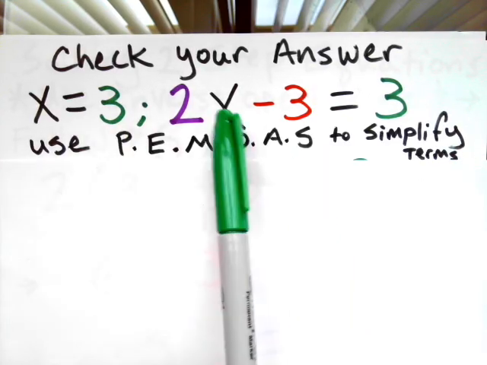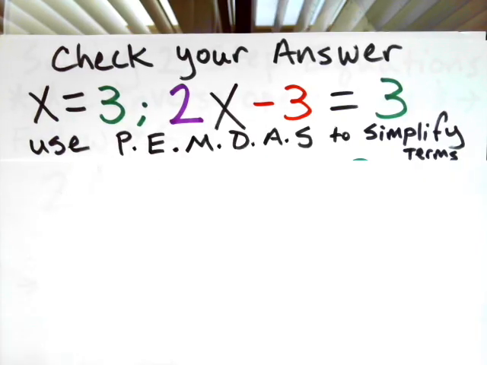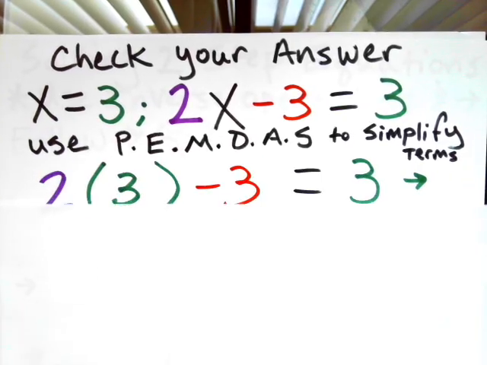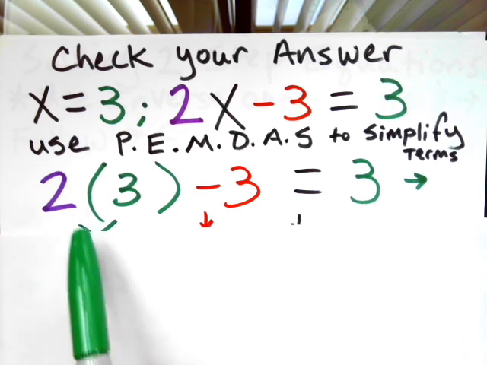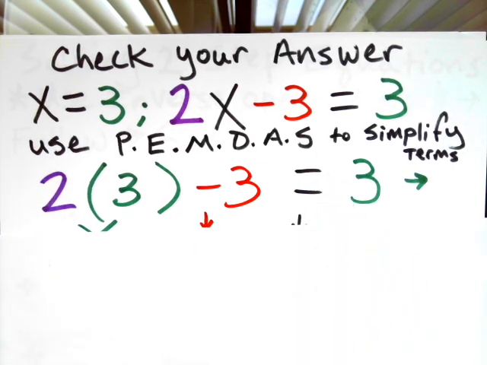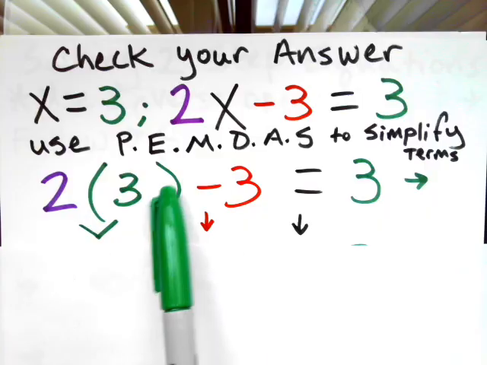So I'm going to substitute that 3 everywhere I see x, right? Because x equals 3. And if x equals 3, I can substitute that value. And now I follow PEMDAS just to simplify. So when you're simplifying terms, you use PEMDAS. When you are solving for x, y, or z, you would use the opposite or the inverse of PEMDAS. 2 times 3, that's multiplying.